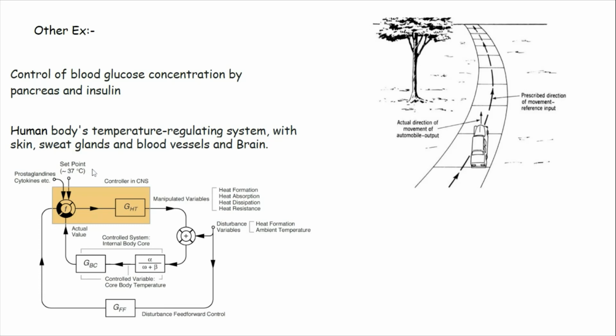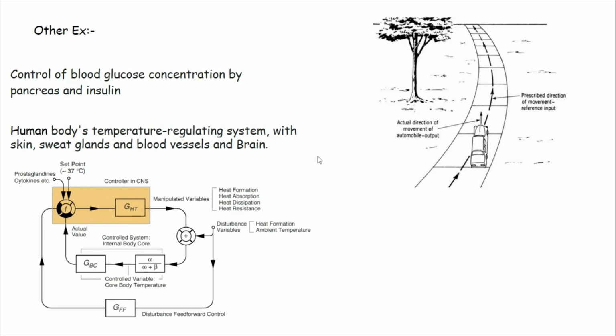This is the desired level of temperature to be regulated in the body, and many physiological processes take place with the help of the brain and endocrine system so that this temperature is attained by the body.